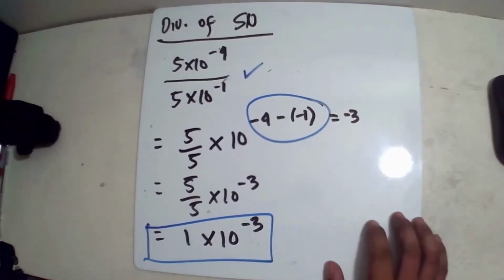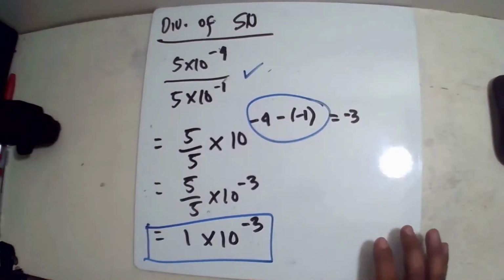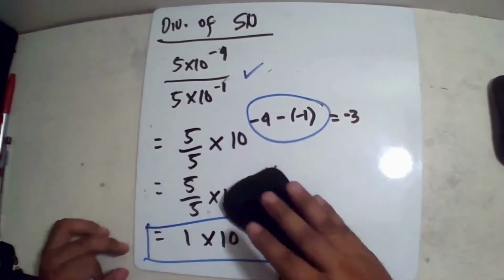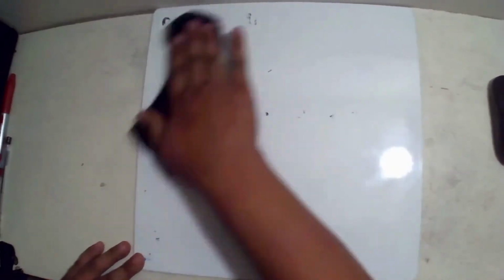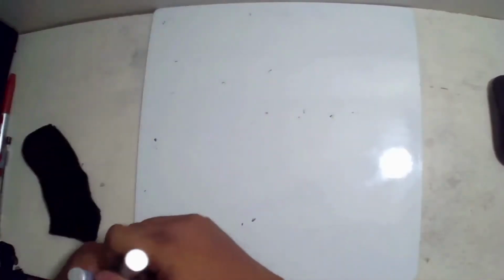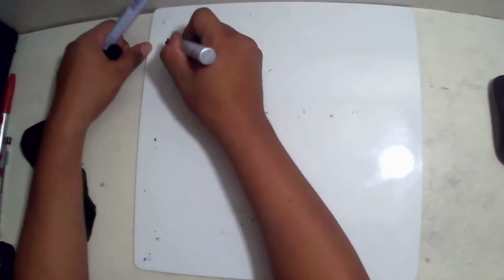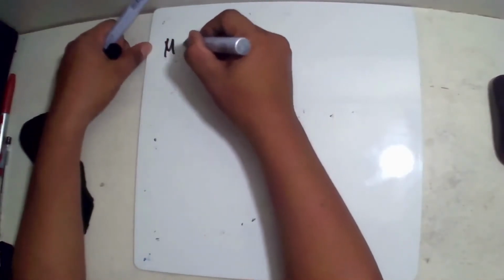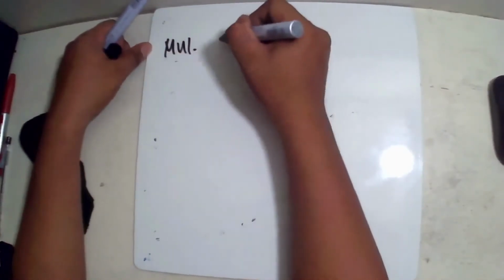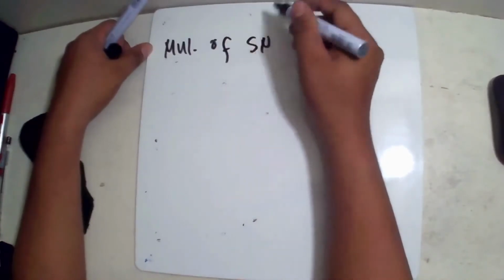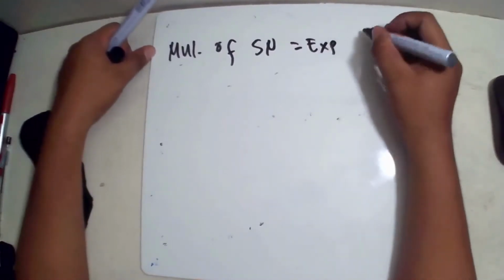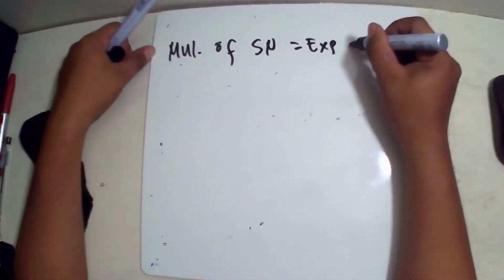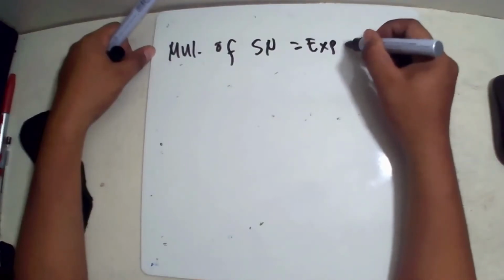Now, in summary, in multiplication of scientific notation, exponents must be added.